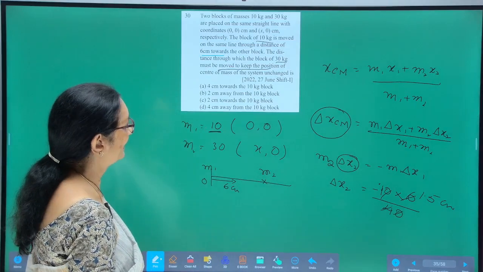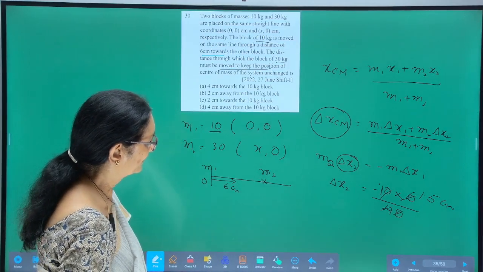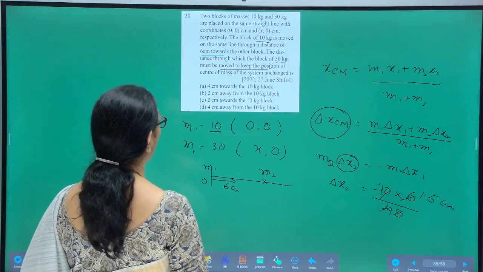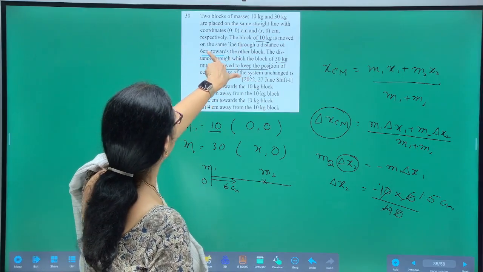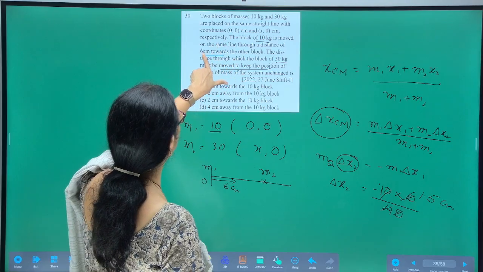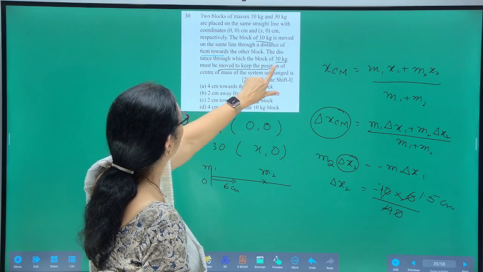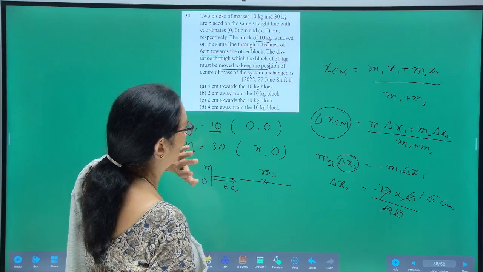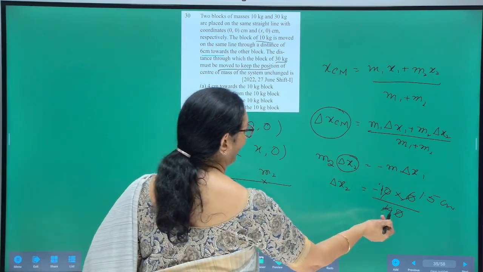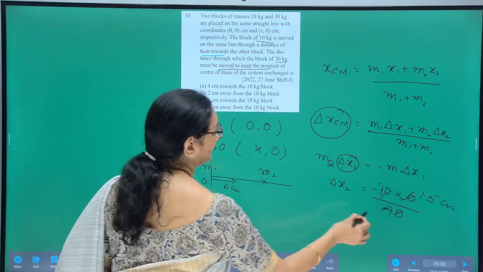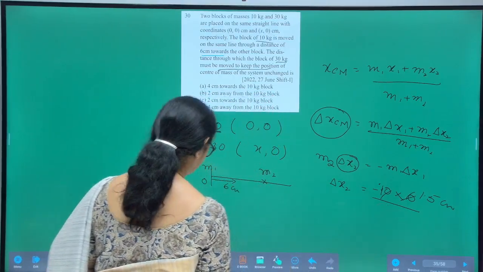Is it correct? Look here, 10 kg is moved on the same line through a distance 6 centimeters and 30 kg must be moved. So here, this is not 40, isn't it? So here I went wrong.